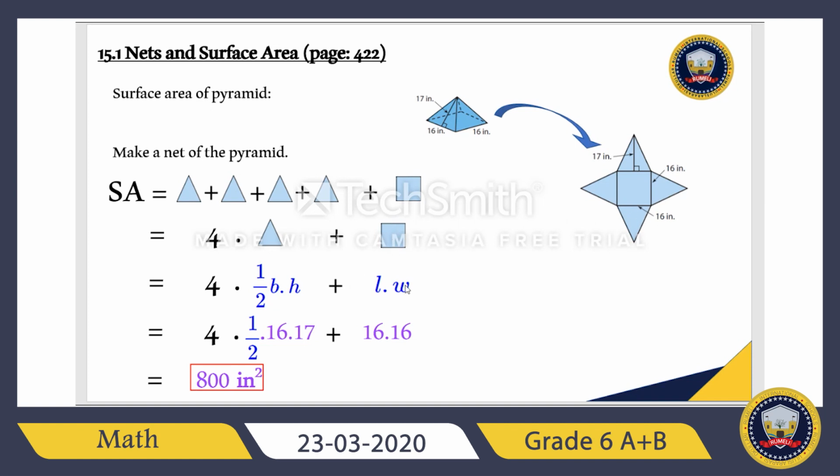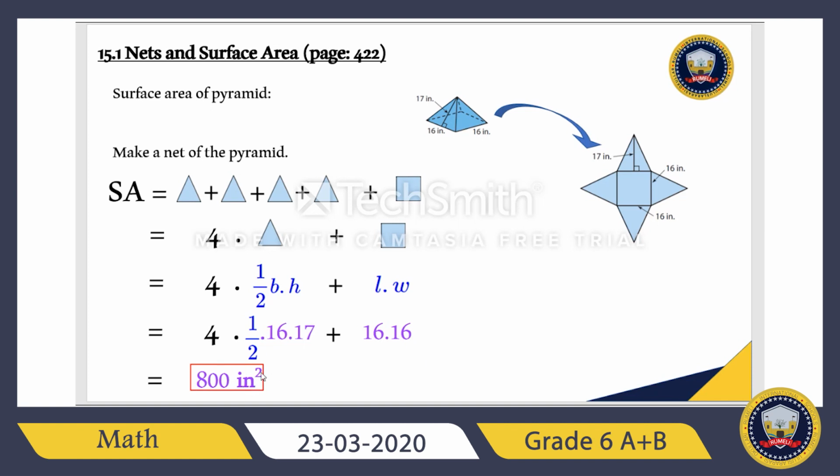What is the area of the square? It is length times width. Okay, here it is 16 times 16. So length is 16, width is 16. Okay, you simplify this calculation and your total area is 800 inch squared.